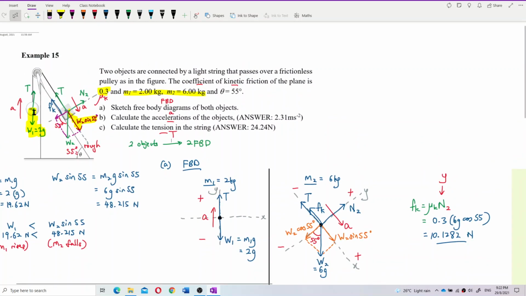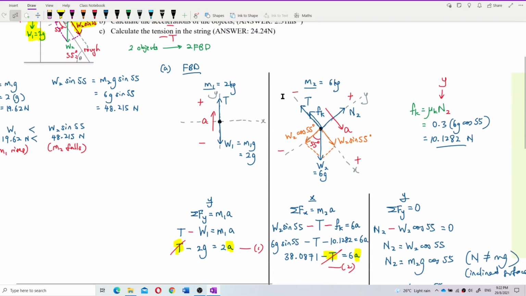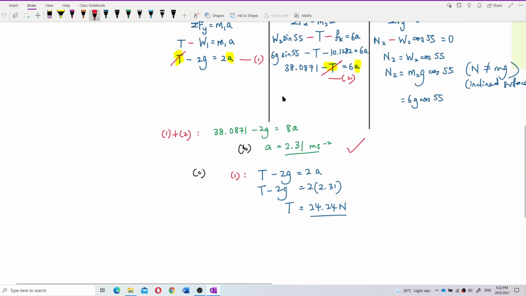That means tension for mass 1 and tension for mass 2, both of them are 24.24 Newton. Both of them have equal tension. Yes, that's correct.